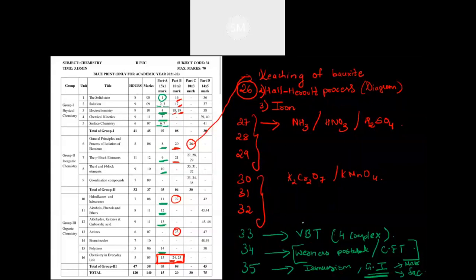They won't ask for 3 full marks. Either for 1 mark they will ask or 2 marks maximum. That could be divided again, maybe 2 marks and 1 mark like that.